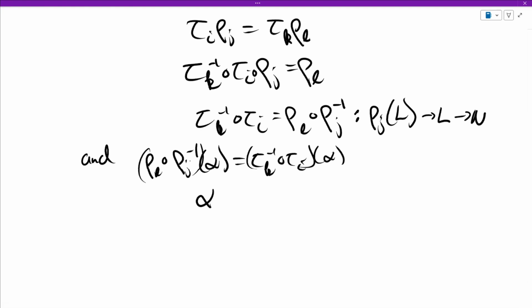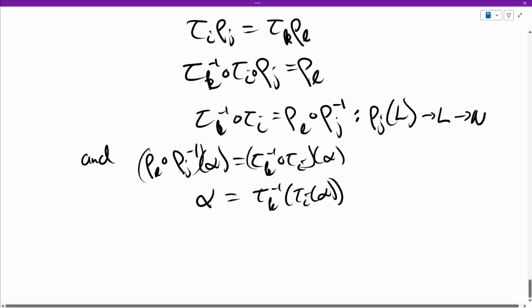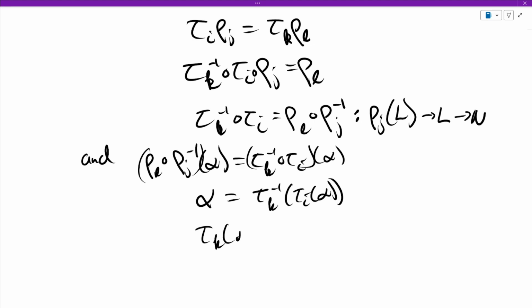They both fix alpha. The right-hand side is tau k inverse of tau I of alpha. And then if we apply tau k to both sides, we get tau k of alpha equals tau I of alpha, which, since the taus are determined by what they do to alpha, and these both do the same thing to alpha, tells us that I is equal to k. Whew.